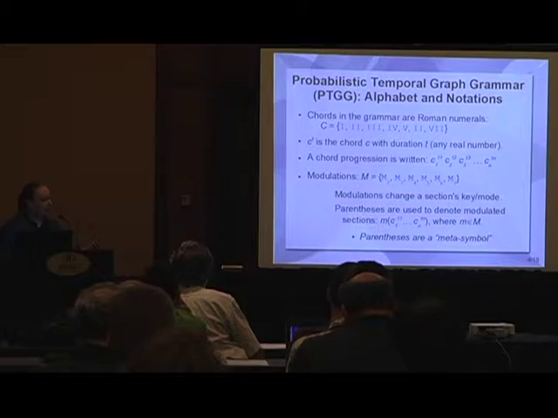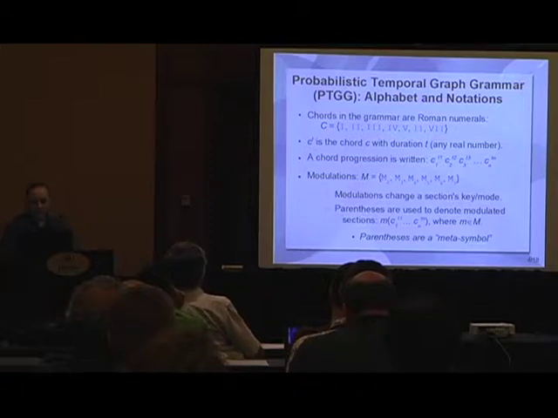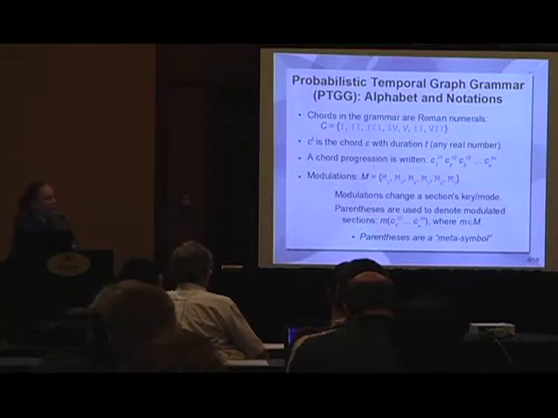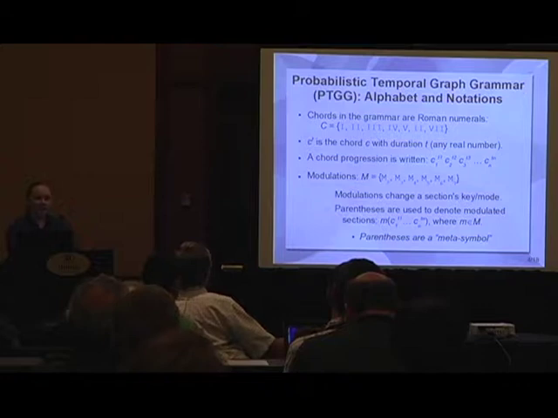But if my next chord is also a 1 chord, but occurring in one of these modulation contexts, such as M5, then if this was my first 1 chord, my next 1 chord would actually be this. And we use parentheses to denote these modulation groupings. So even though the chord progression is written sequentially like this, it's actually a tree structure.